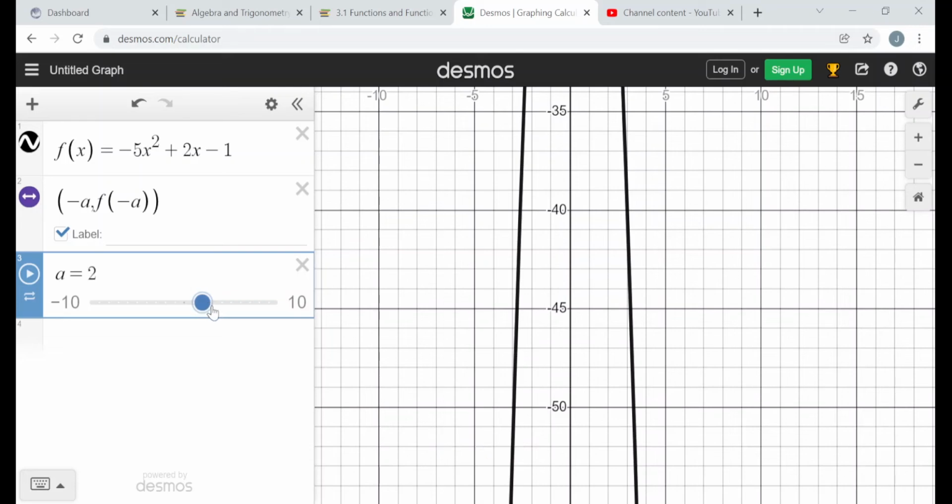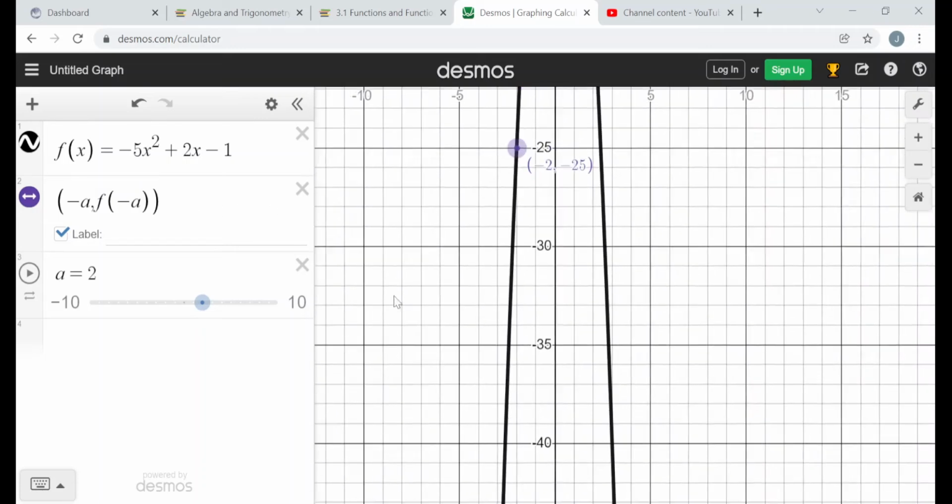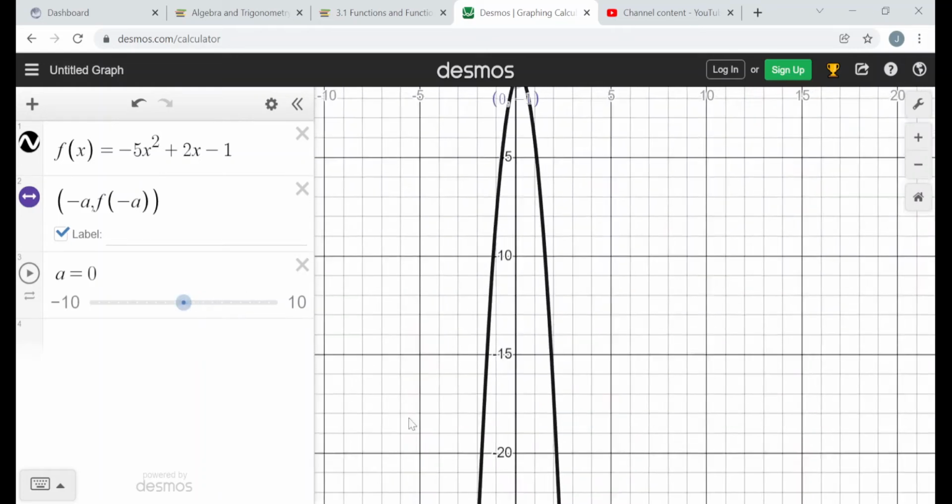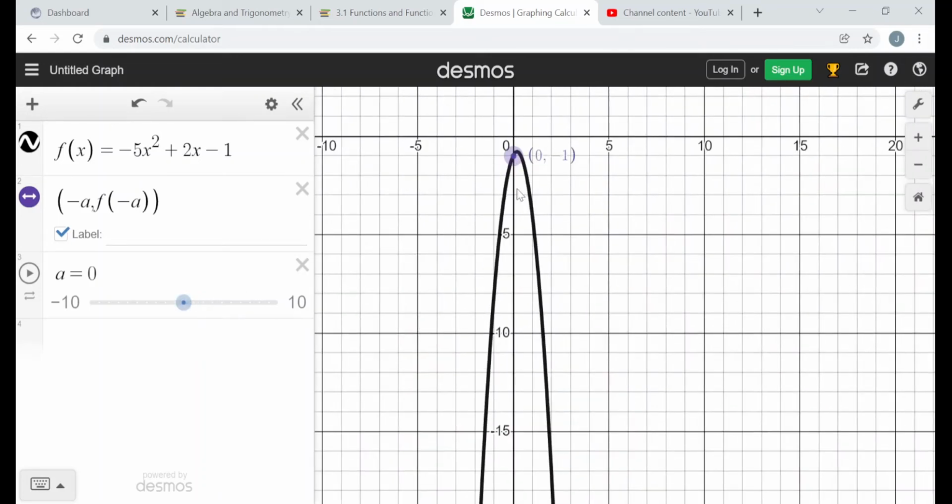When the input's 2, it'd be the ordered pair -2, -25. When the input's 0, it'd be 0, -1 up there. Right? And so on. And I can play this, and just changing the value of a moves this point around.